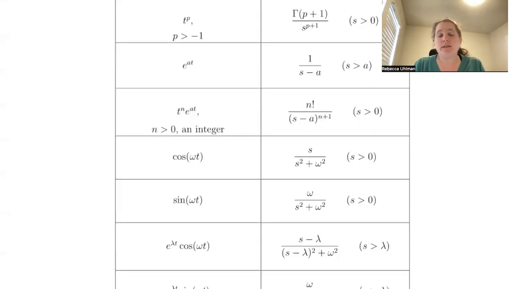As we found previously, taking the Laplace transform of e to the at gives 1 over s minus a. Sine of omega t goes to omega over s squared plus omega squared. Those are all the pieces of information we need to take the Laplace transform of this more complicated function we started with.